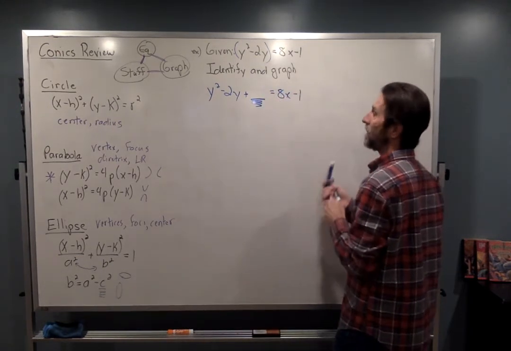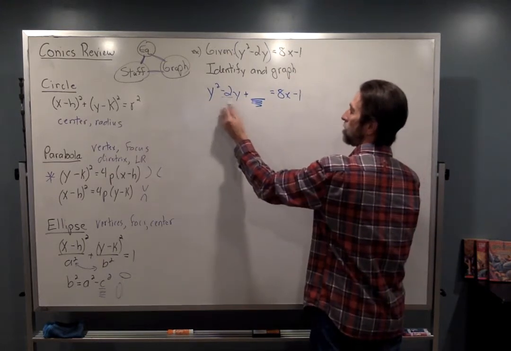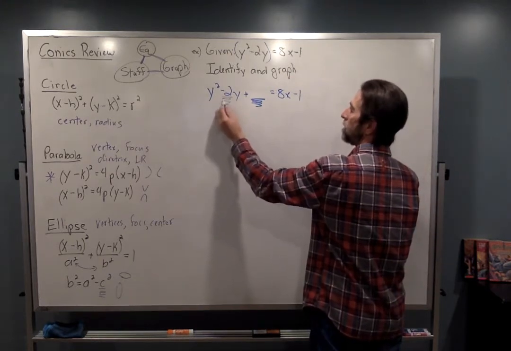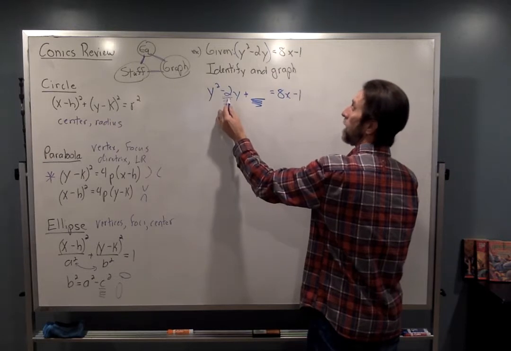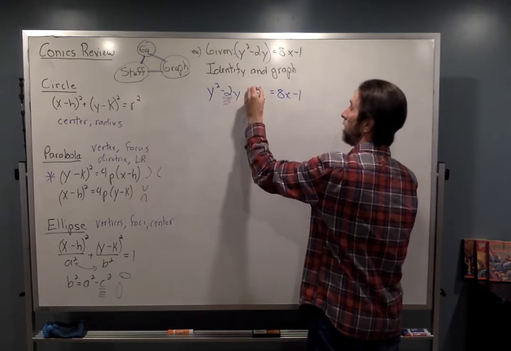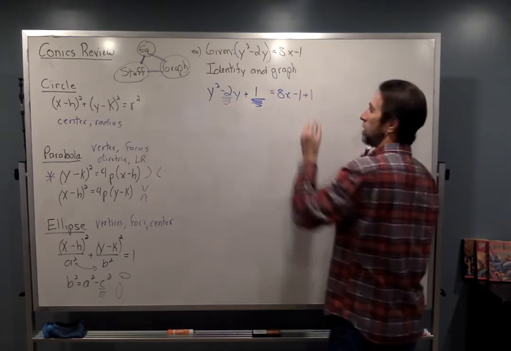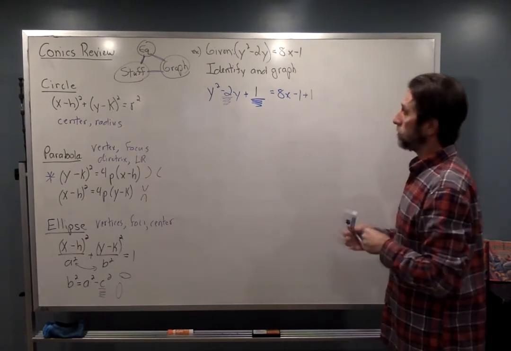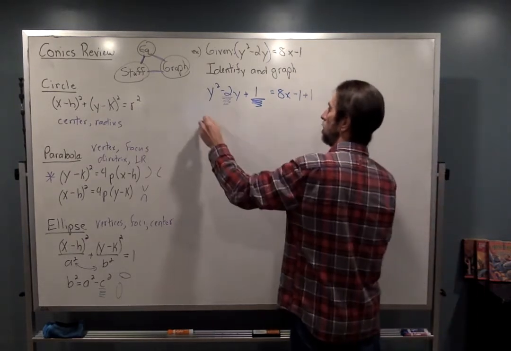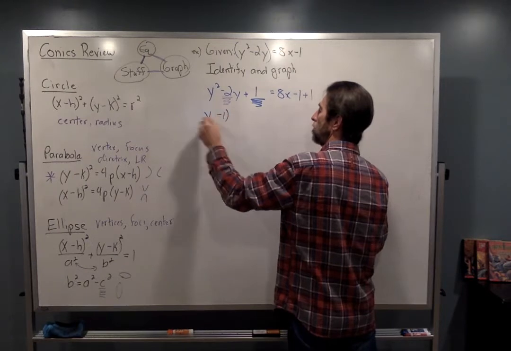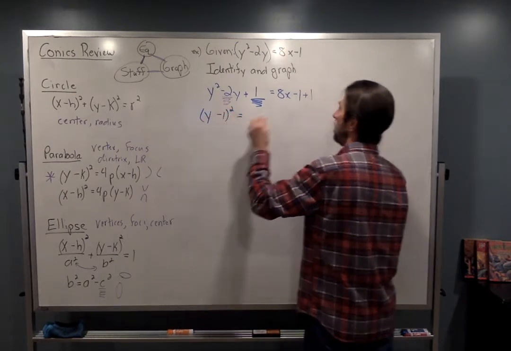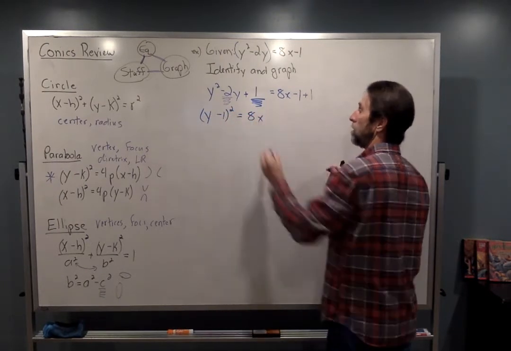Well, what we need in that position is going to be half of this coefficient, add it, and square it, or square it, then add it. Half of it's -1, square it is 1, add it. We also have to add the 1 on this side. So I created a perfect square. So this becomes y minus 1 squared. Here we just get 8x.